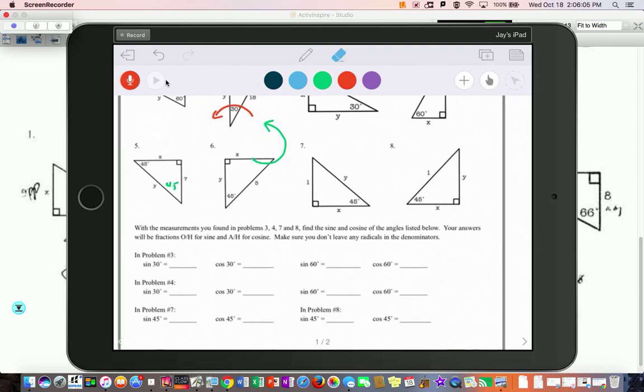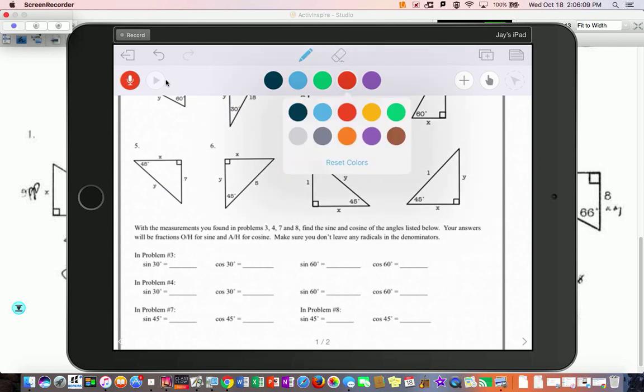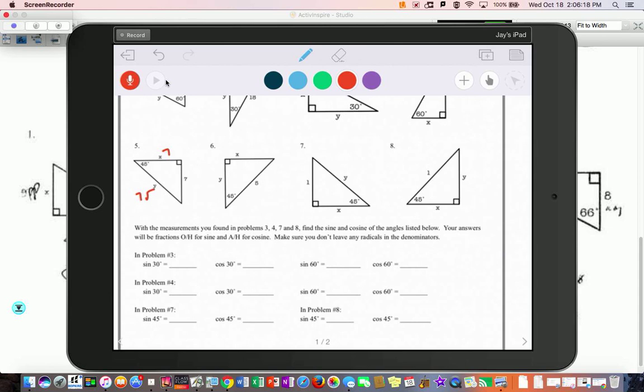I know the leg this time, so this one will also be 7, and then this would be 7 root 2.